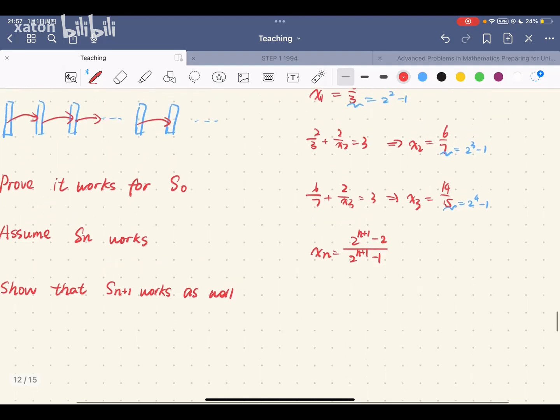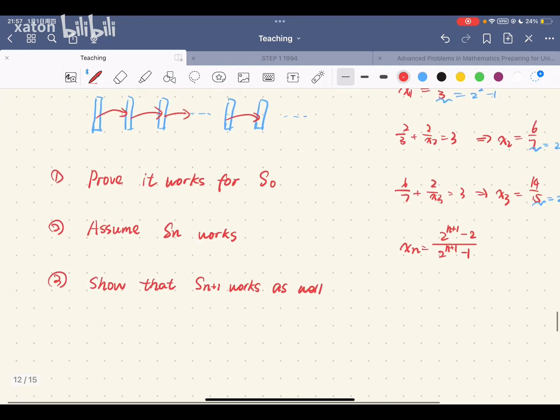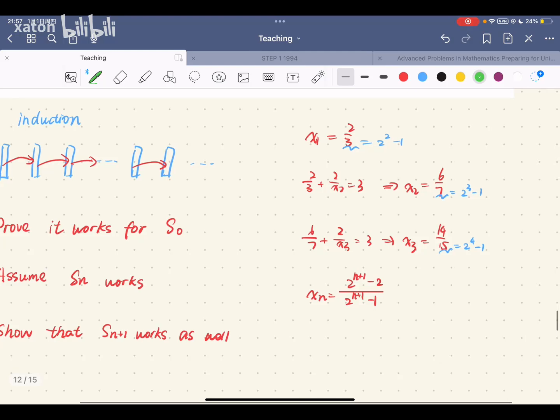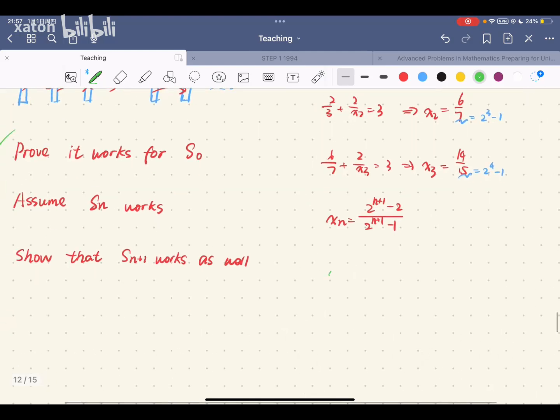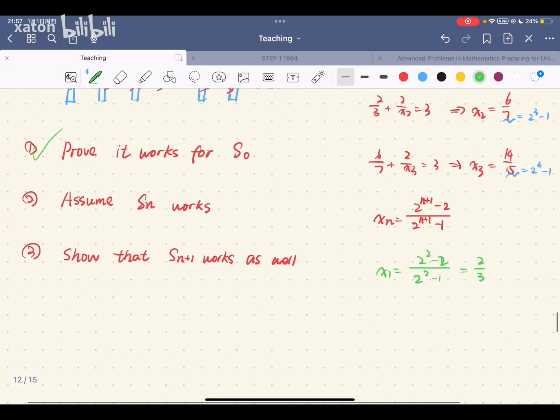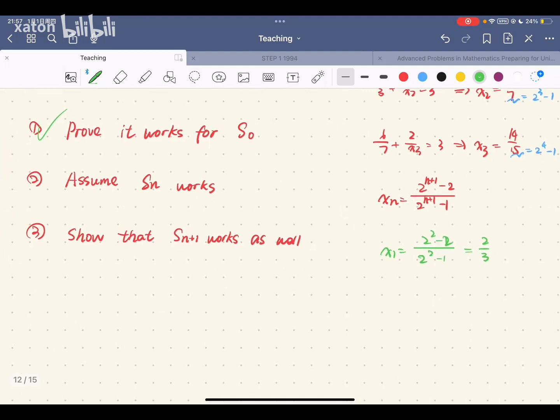So we have done the first step. Prove it works for S1, because 2 to the power of 2 minus 2 over 2 to the power of 2 minus 1 would be 2/3. And now we have to assume Sn works.